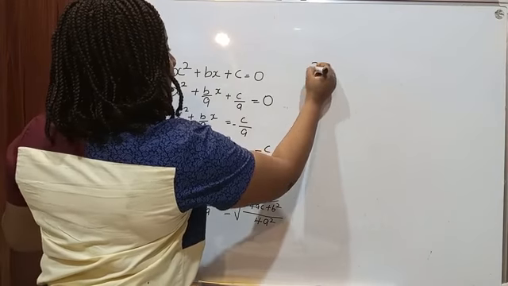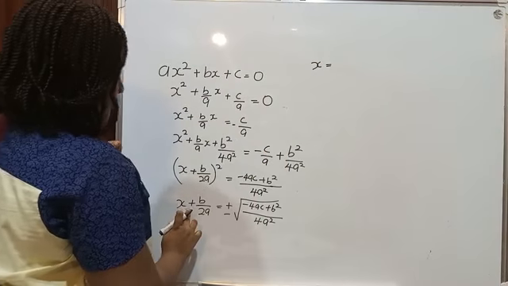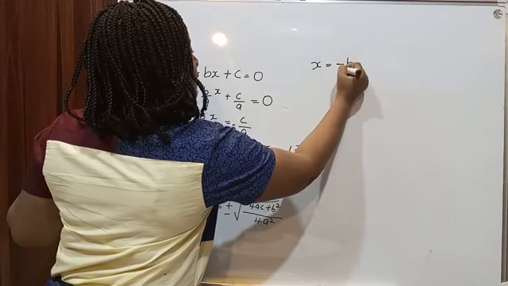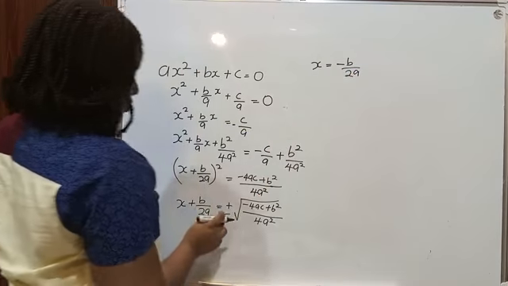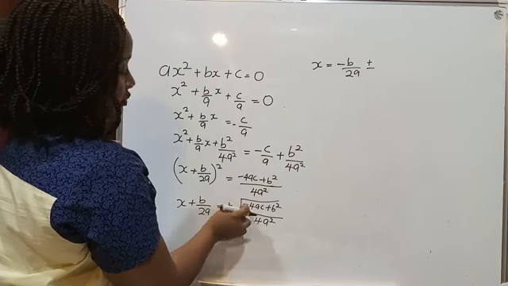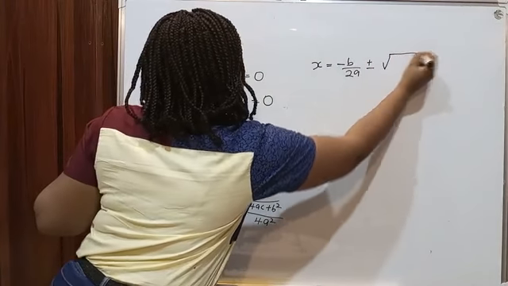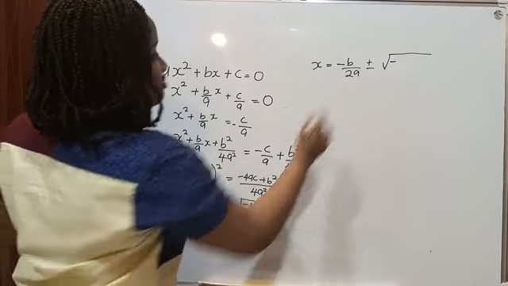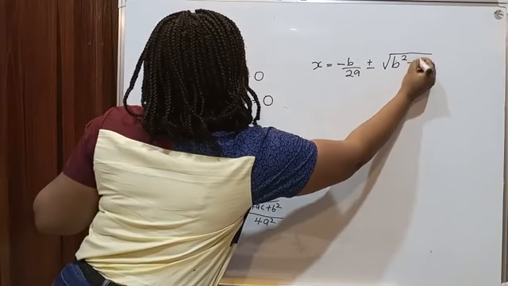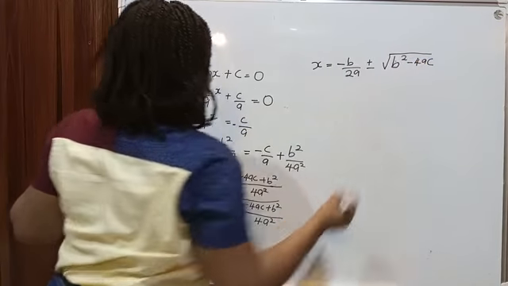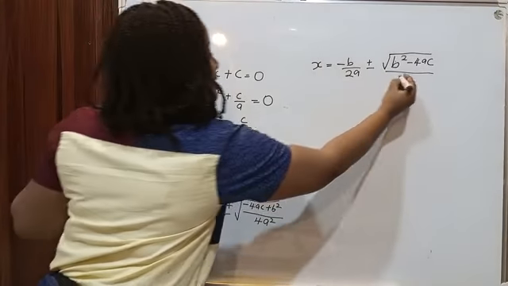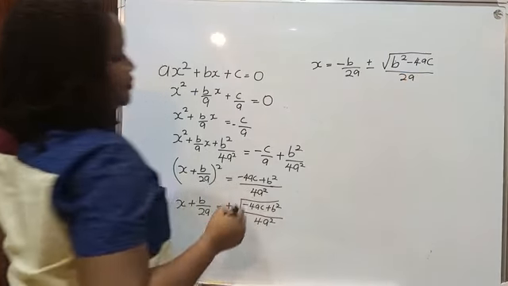So you have x equals minus b over 2a plus or minus square root of, let's rearrange it, b squared minus 4ac all over, we agree that the square root of 4a squared is 2a.